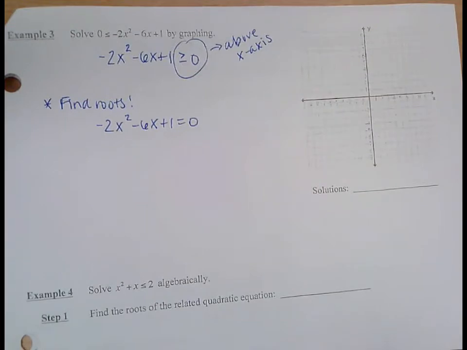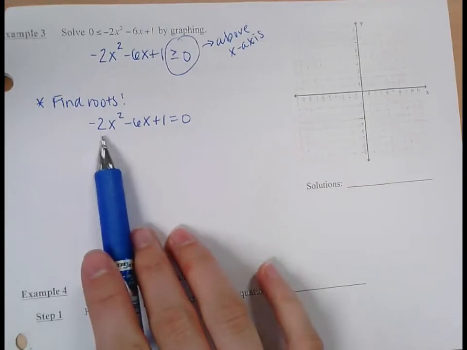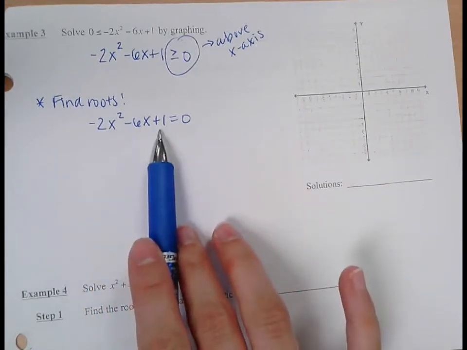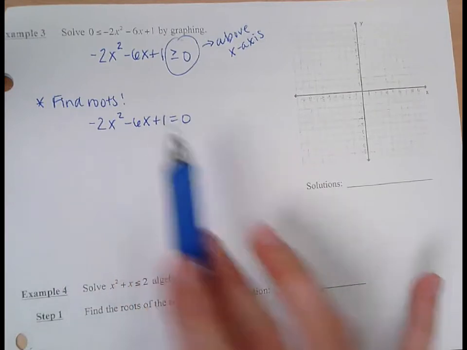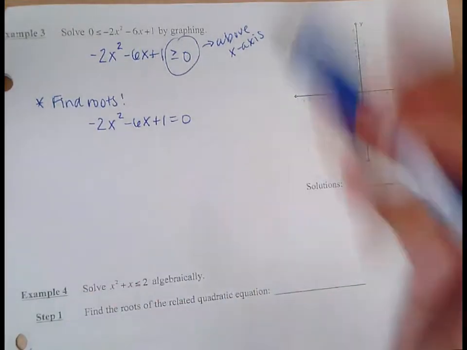And because we solved the last one by factoring, I realized the a value isn't 1. I could divide everything by -2, but then because of this 1, I'm going to have a fraction. So before, dividing by -1 was fine. Here, dividing everything by -2 might just make it more messy because then I'm going to have a fraction. So I'm going to leave it.